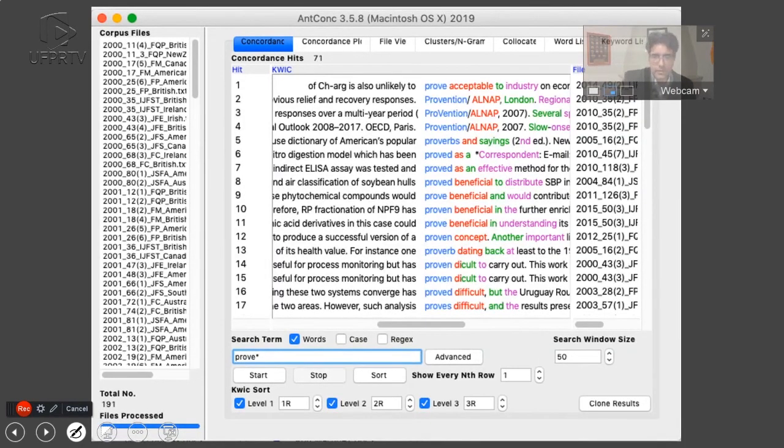Here you have a Boolean character for any permutation of "prove." And what you see is that the hits you do get, of those 71, are not about proving results, but things like the word "proverb" and "provention," which comes up in one article, this one here being the same article.